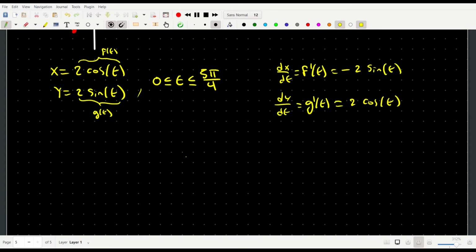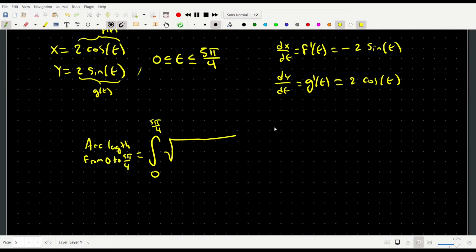And so the arc length of a circle from 0 to 5 pi over 4 is going to be the integral from 0 to 5 pi over 4 of the square root of f prime squared, which is going to be negative 2 times sine of t squared plus 2 times cosine of t squared dt.